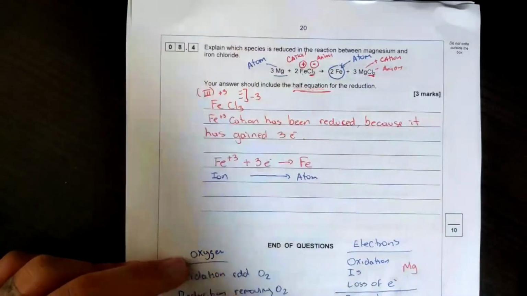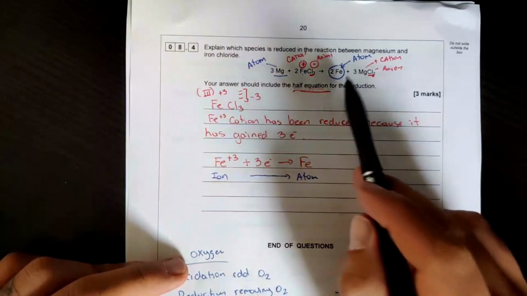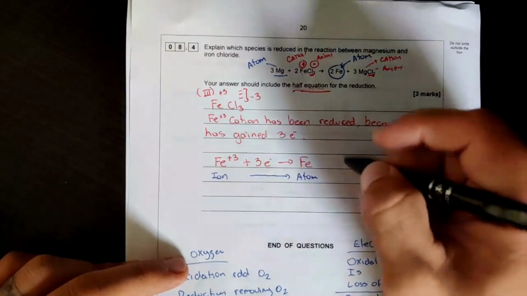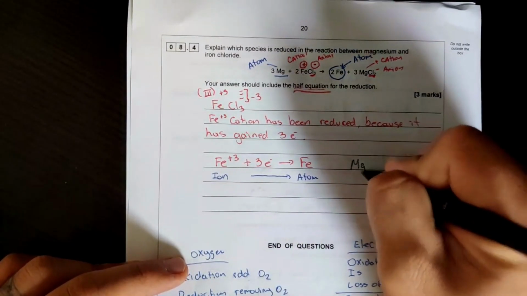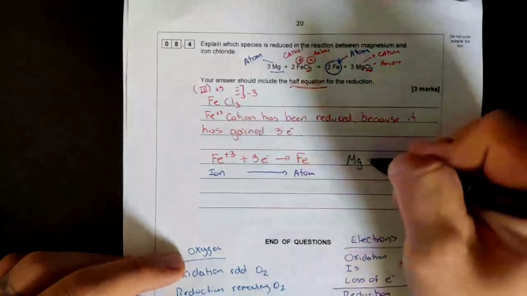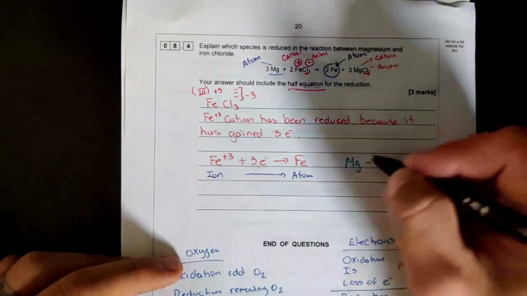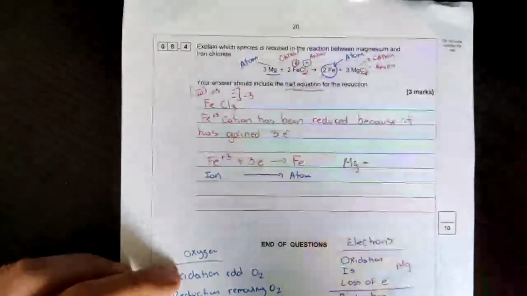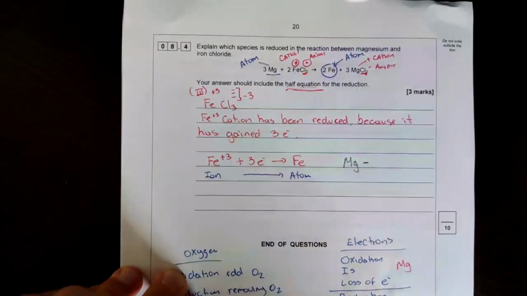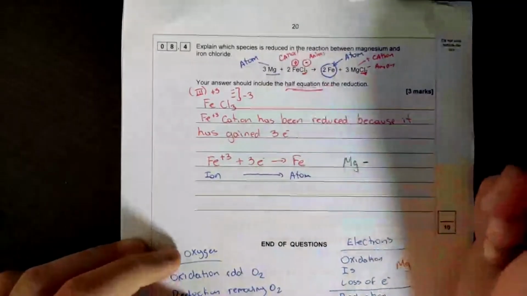So the half equation for that would have been magnesium used to be an atom, then it lost electrons. It lost 2 electrons. Well, this is not balanced, that's probably why.